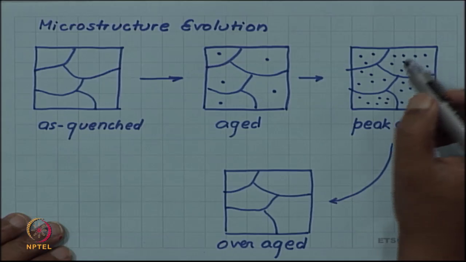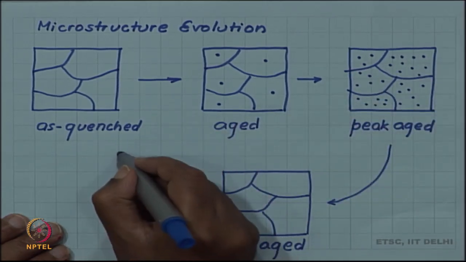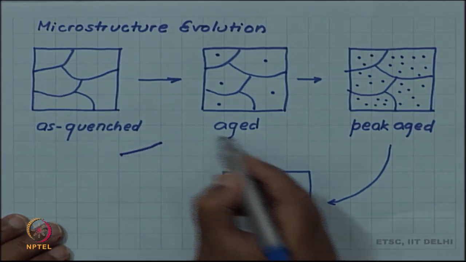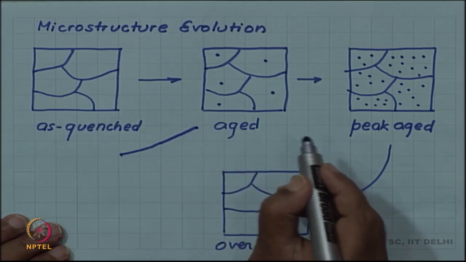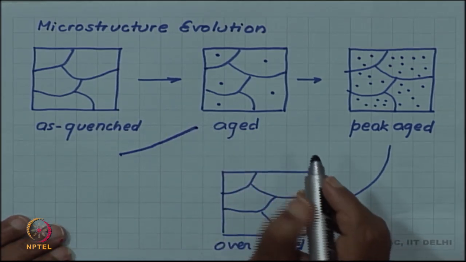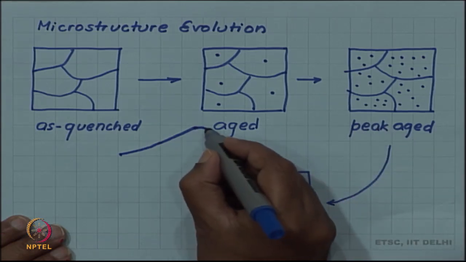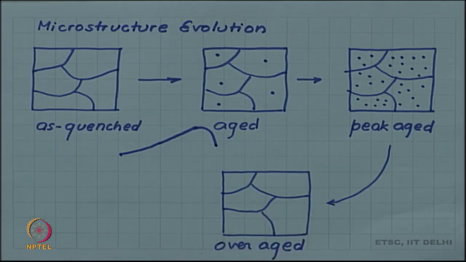So, hardness was increasing: in as quenched there was no precipitate, then in aging hardness increased, and in peak age hardness has now reached a very high value. But then why after peak aging does the hardness start coming down, as in our hardness versus time curve?